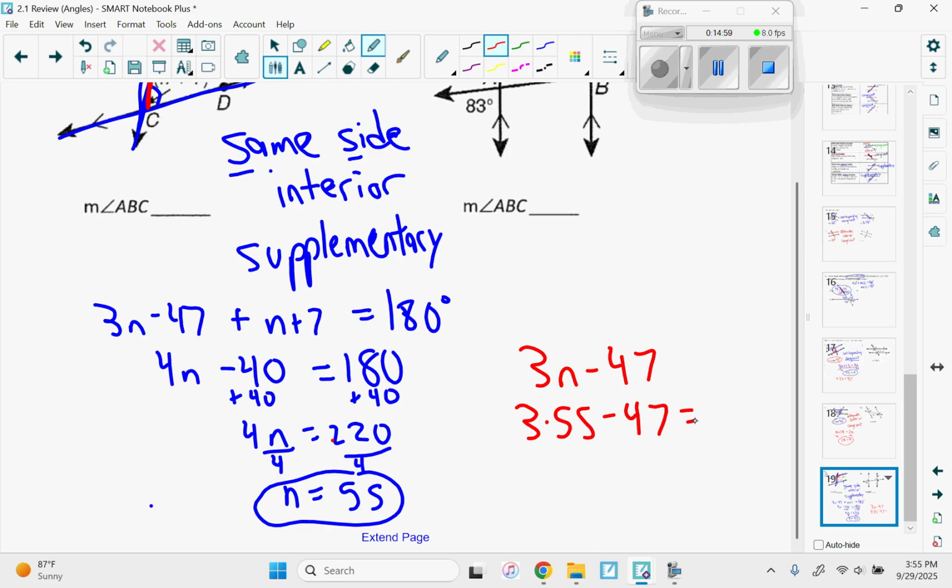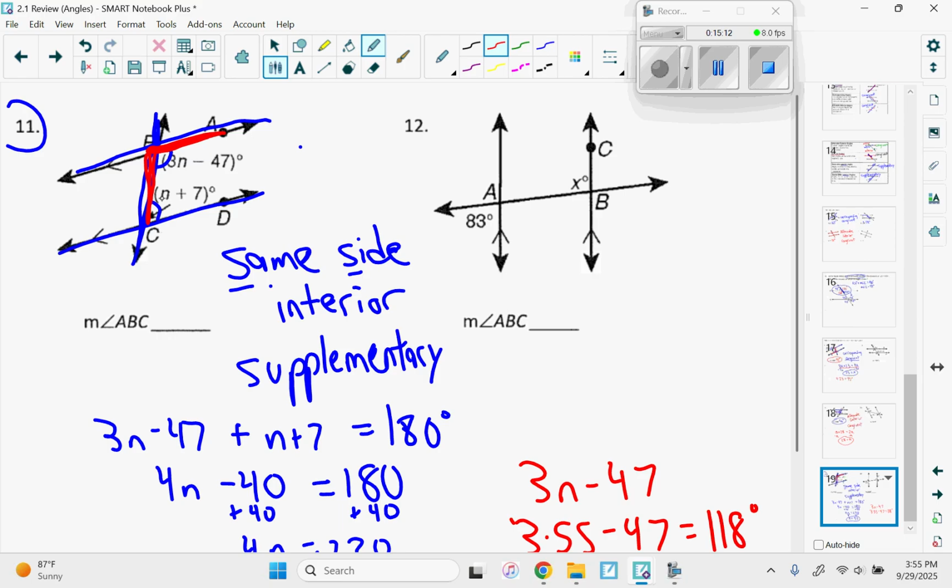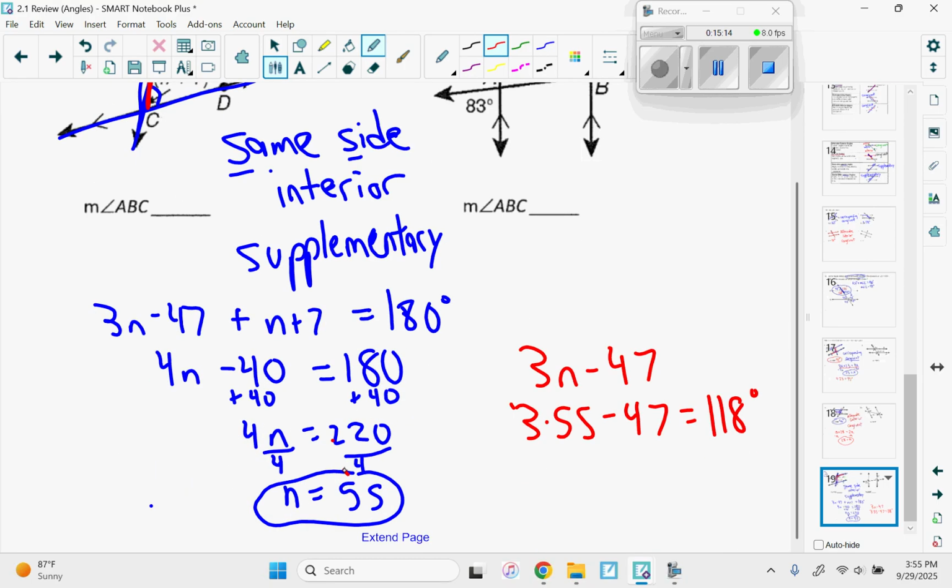So 3 times 55 minus 47 gives me an answer of 118. All right. And just to double check, let's do n plus 7. N plus 7, that's 55 plus 7, that's 62 degrees.